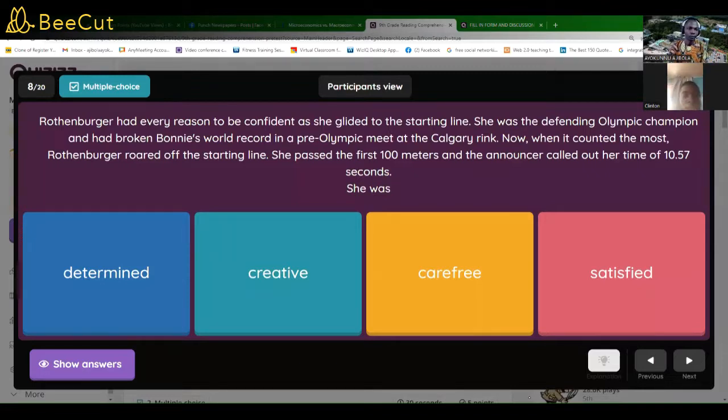Rothenberger had every reason to be confident as she glided to the starting line. She was the defending Olympic champion and had broken Bonnie's world record in a pre-Olympic meet at the Calgary rink.